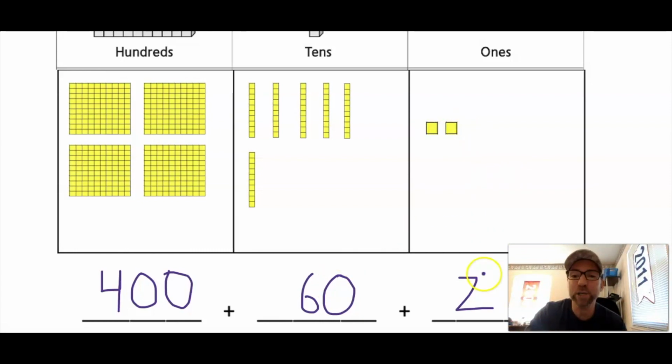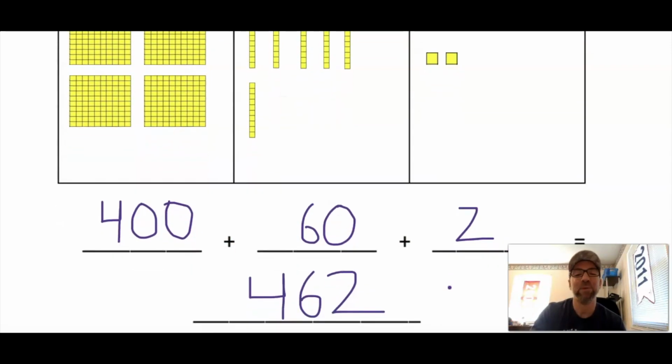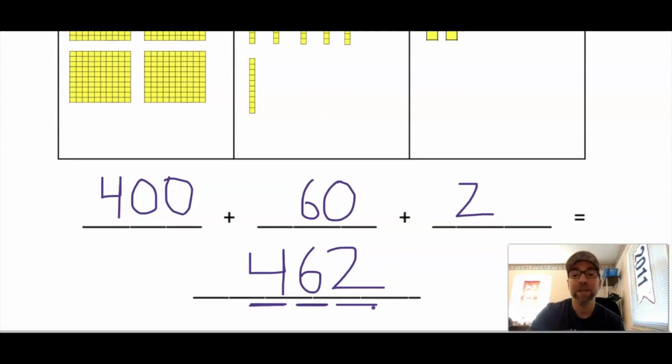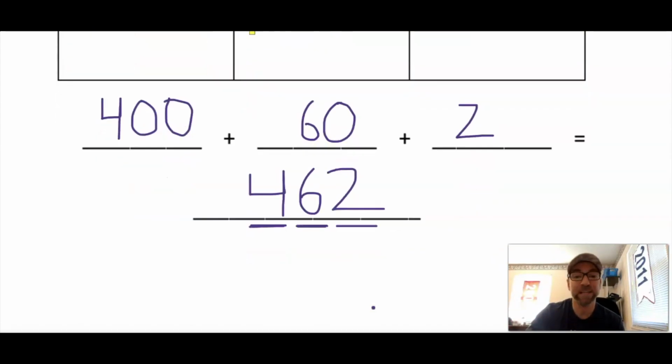And we have 2 cubes. 400 plus 60 plus 2. And then we listen. 462. And we write the final number. 4 hundreds, 6 longs, and 2 cubes equals 462. Awesome job. Go ahead and clear off your sheet protector.